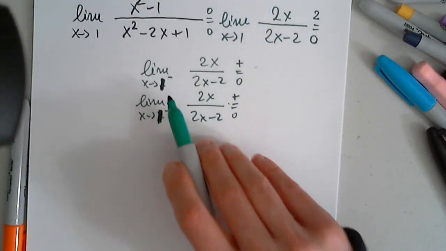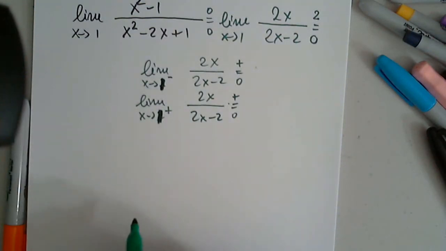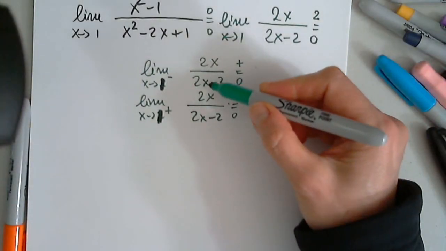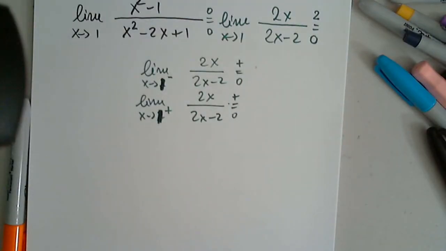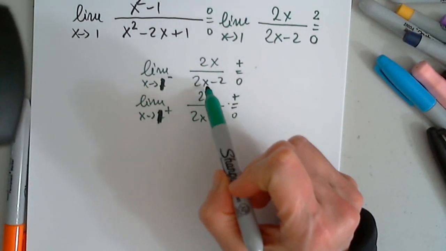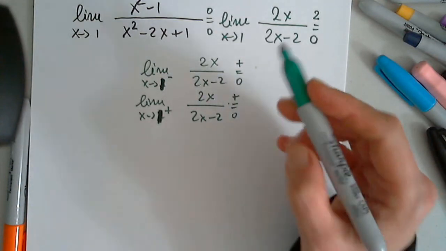So one from the left, sorry, one from the left, which is 0.9. Negative.